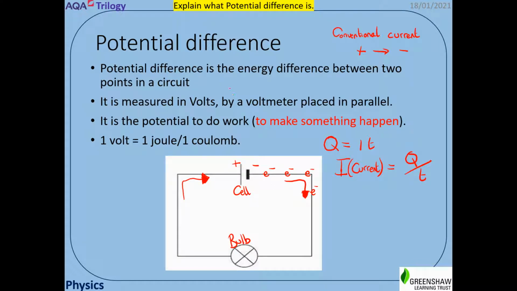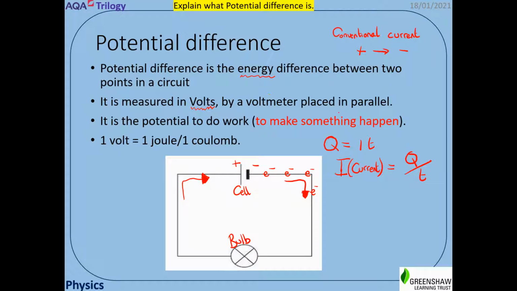Now, potential difference is the energy difference between 2 points. It's got the units of volts. Now, I would have expected you to have heard of volts before now. You'll have certainly talked about voltmeters when you're referring to electricity back in year 8.